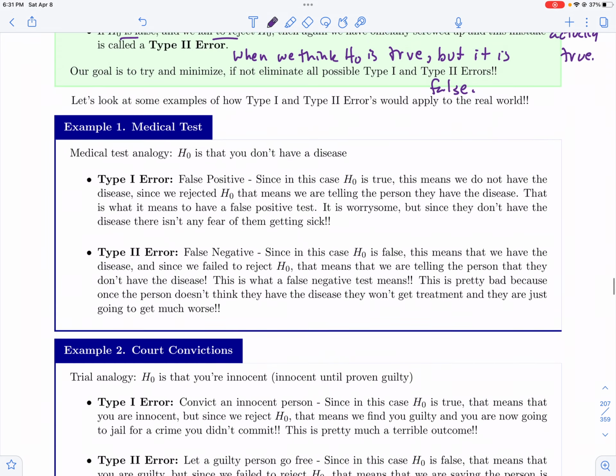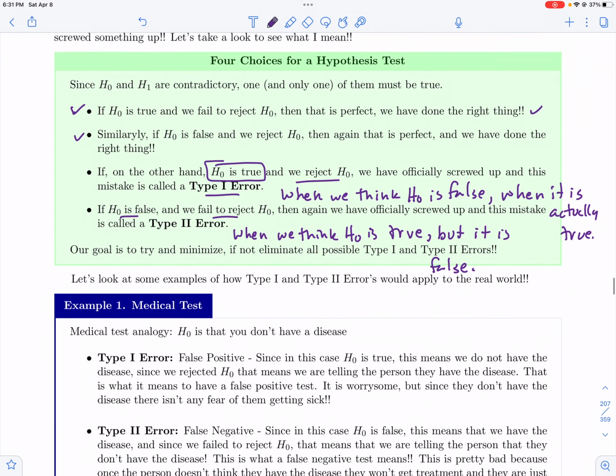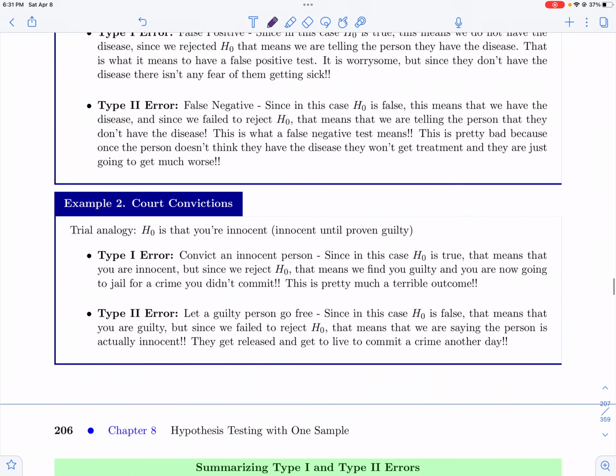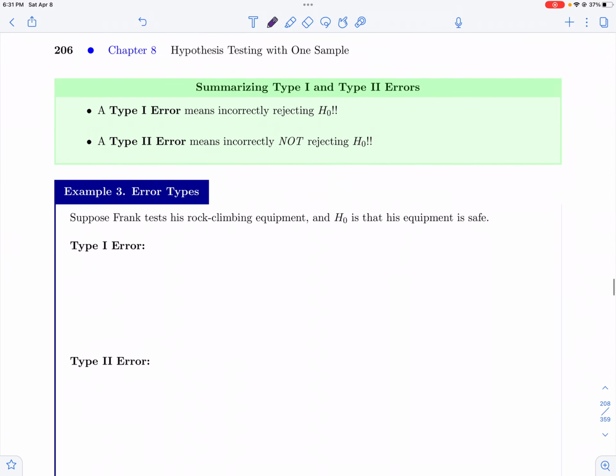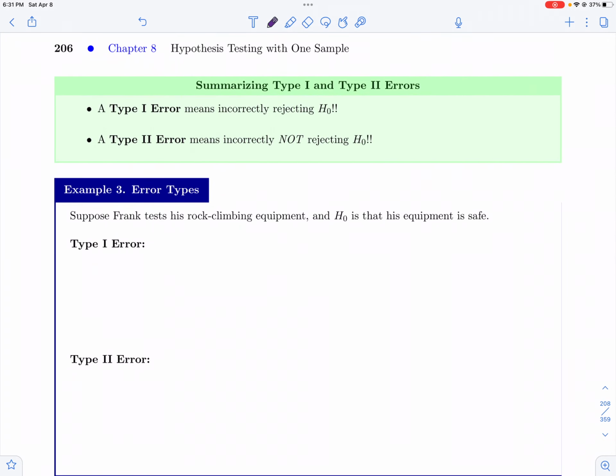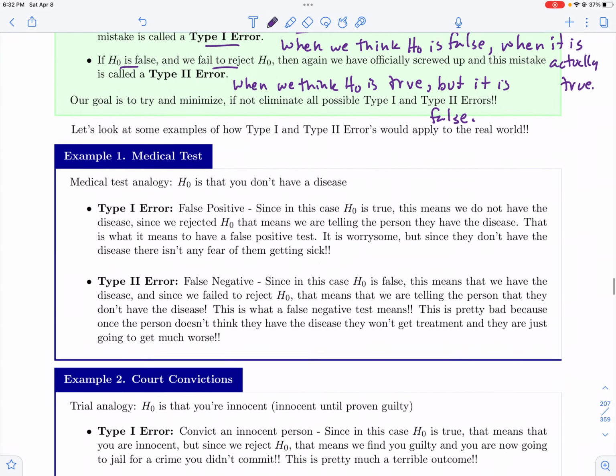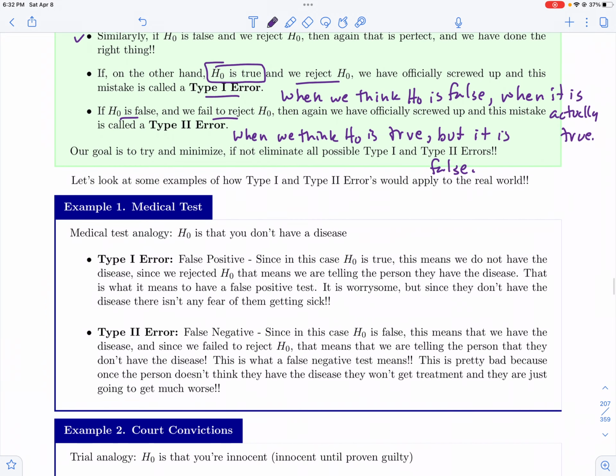All right, so again, that's what we want to think about when we're thinking about these different hypothesis tests and how they may work. Just to make sure we see what's going on: type 1 error means incorrectly rejecting H naught. This means H naught is true, and we think that H naught is false.